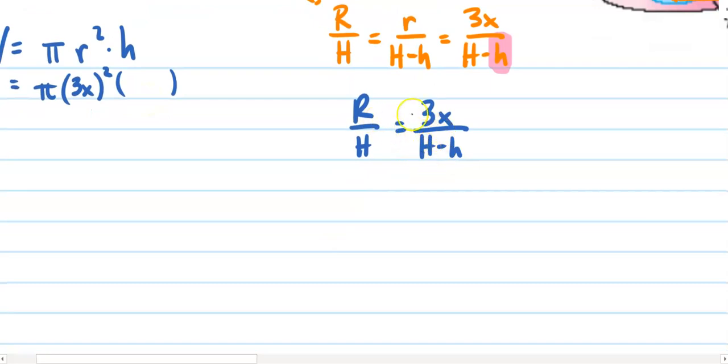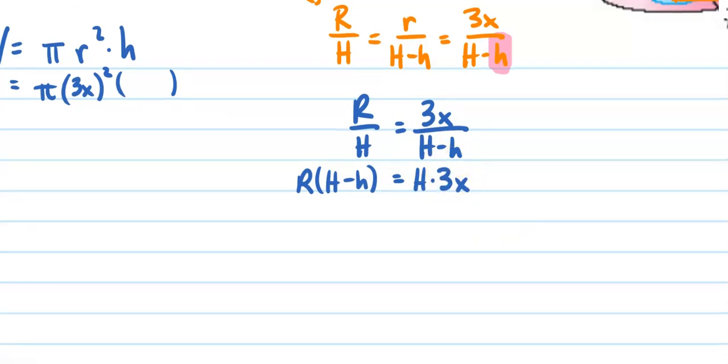So since I have two fractions that are equal to one another, we should recall from last unit that we can cross multiply. And that tells me that R times H minus h is equal to H times 3x. And I can divide both sides by capital R, and we're left with H minus h. Let's use two lines here.